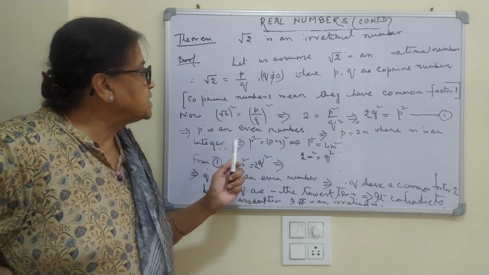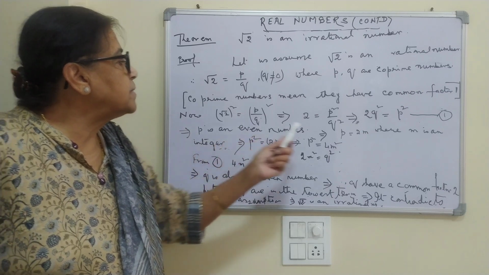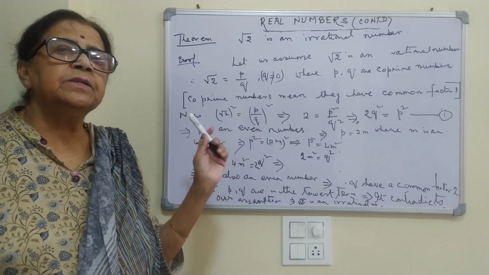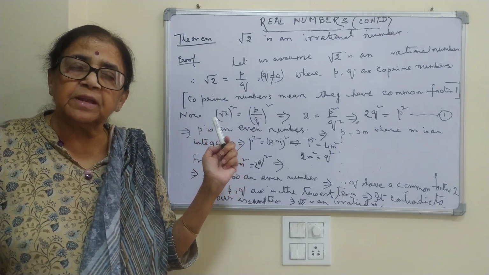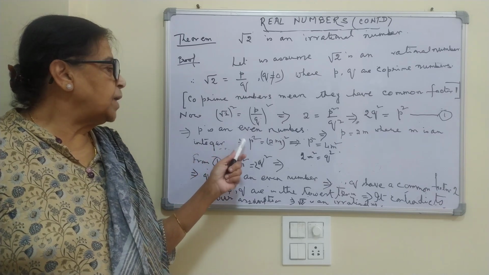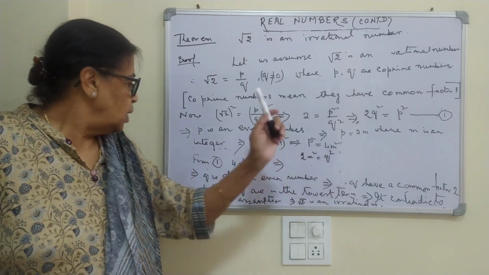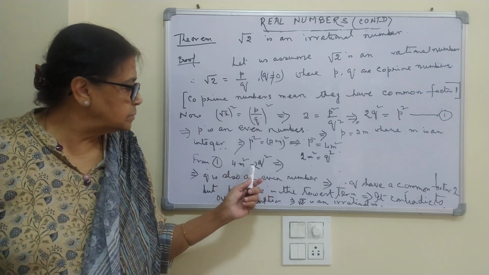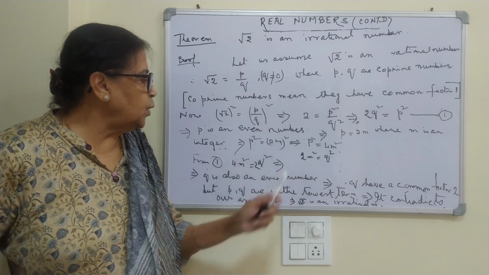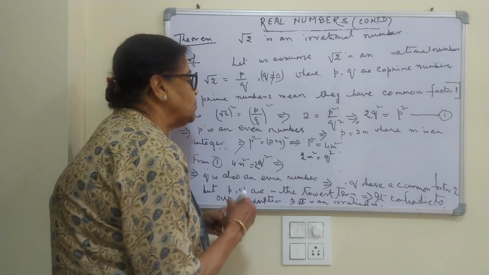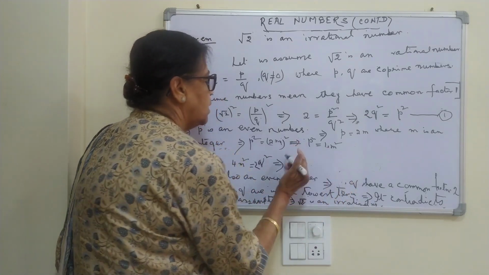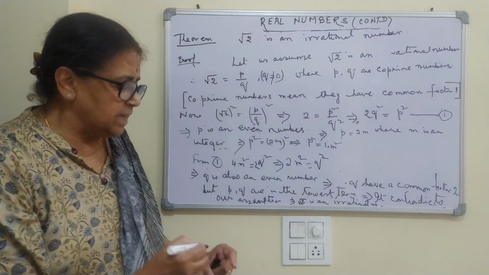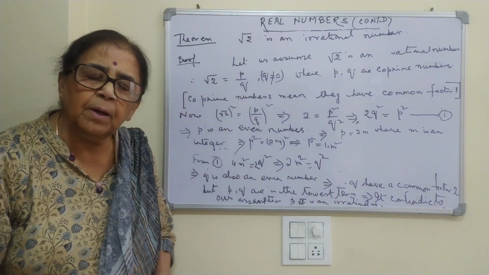Now we find that P is even, because it is a multiple of 2. So P is even. I can write P is equal to 2m, where m is an integer. So P square is equal to 4m square. From 1, 4m square is equal to 2Q square, which implies 2m square is equal to Q square, which says that Q is also an even number.